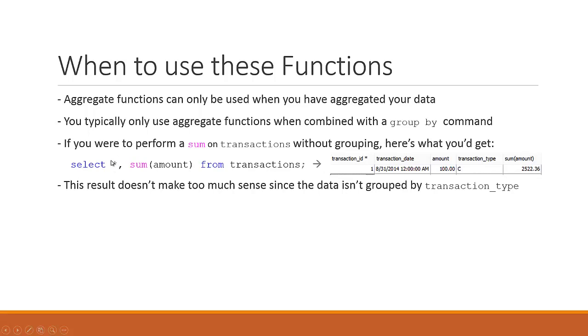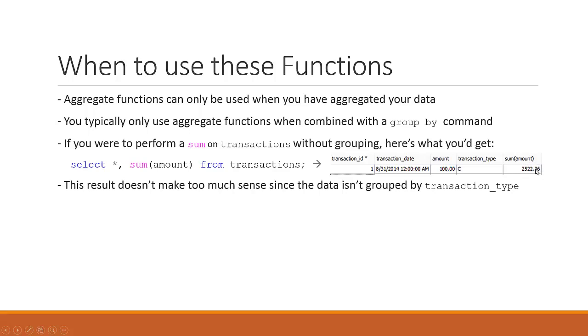I probably should not have put select star because that's a bit misleading. Let's pretend that I just did select sum from transactions, okay? Then we can disregard all 4 of these columns and only look at the sum of the amount. But even then, when we look at the sum of the amount, which is $2,500 some odd dollars and some odd cents, this result doesn't make too much sense since the data is not grouped by transaction type. So this is the sum of all the transactions and all the transaction types.